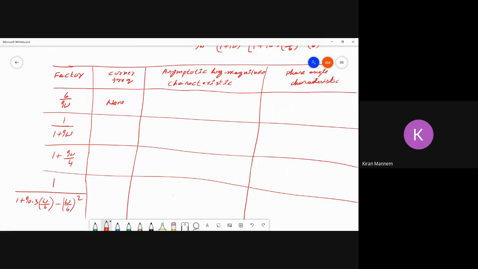So what is the corner frequency? 1 here. So now what is the corner frequency for this? It is 4. What is the corner frequency? 6. And zeta value would be 0.15, right? So if you have any questions, you can ask.